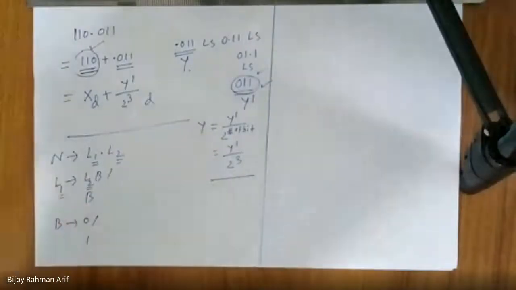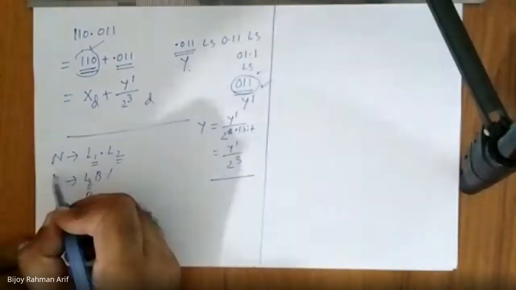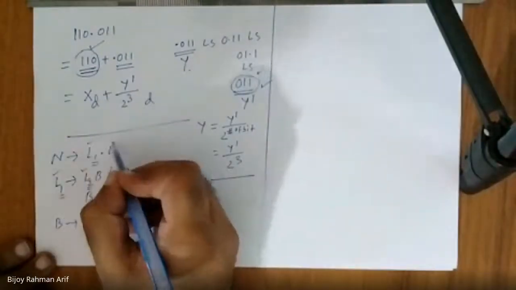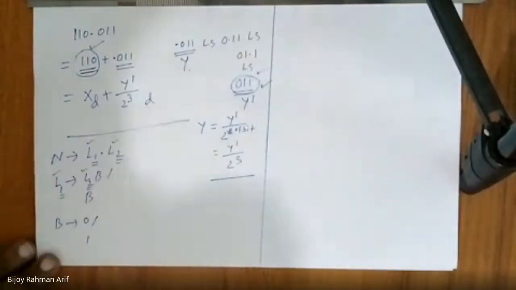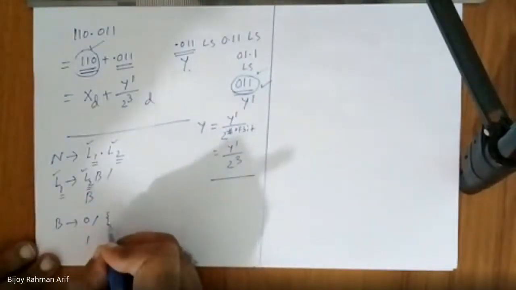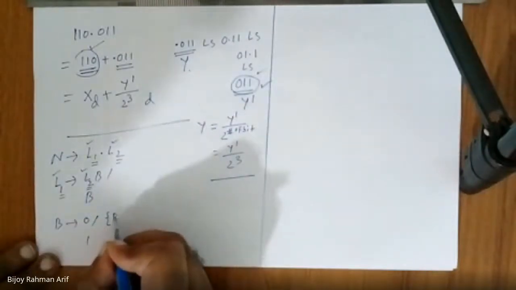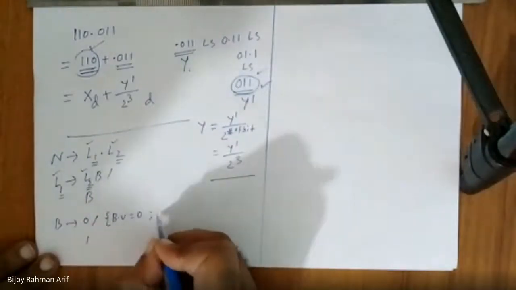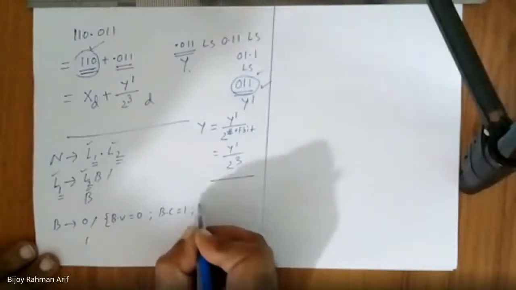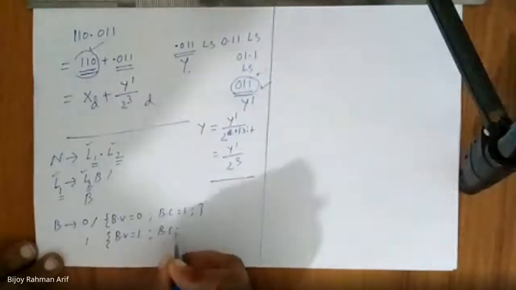They are nothing but representing the position, nothing else. Here this L and this L are the same. But for denoting the position, I have given some numbers, 1 and 2. So this one is easy. So we also need to count the number of bits. So b dot val equal to 0, b dot c equal to 1, b dot val here is 1, b dot c equal to 1.